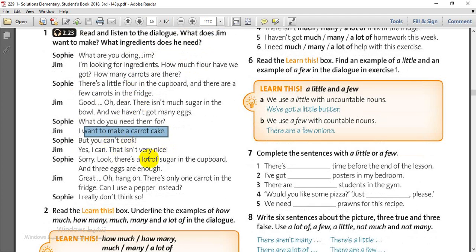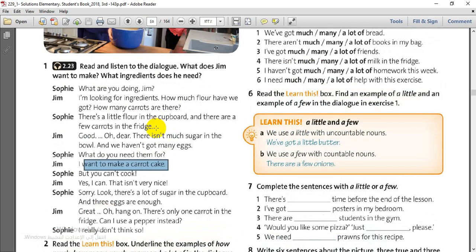He needs flour, carrots, sugar and eggs. So he wants to make a carrot cake. He needs flour, carrots, sugar and eggs.